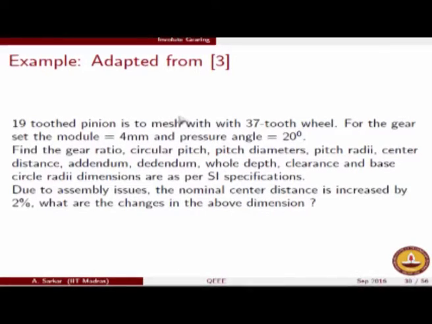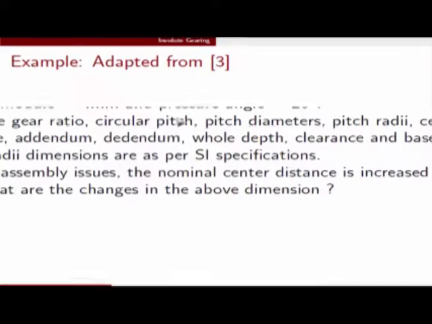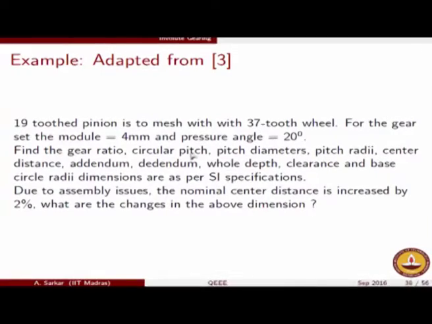So here is the example problem which I would like to demonstrate. A 19 tooth pinion is meshing with a 37 tooth wheel. The pressure angle is given as 20 degree and the module is 4 millimeter. You are asked to find different parameters for this gear train mechanism, starting with gear ratio, circular pitch, pitch diameter, pitch radius, center distance and so on.